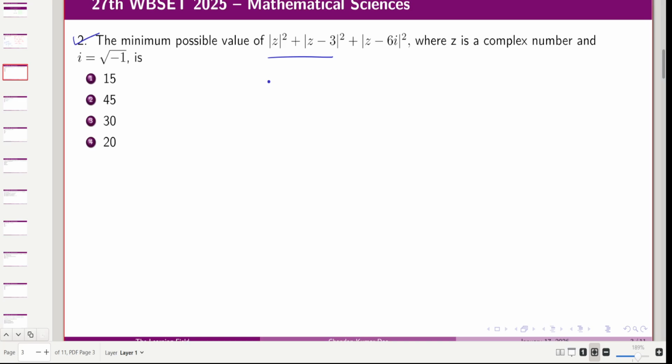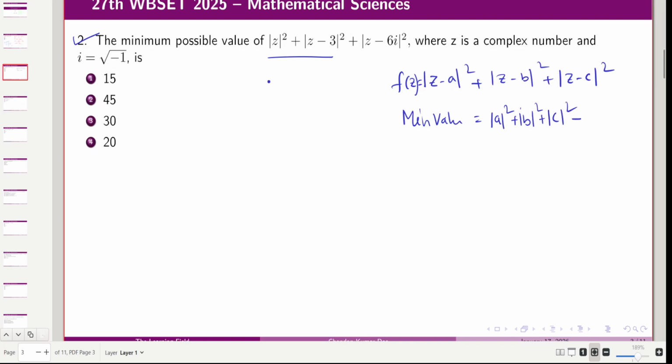We know that for the function mod of z minus a whole square plus mod of z minus b whole square plus mod of z minus c whole square, if f(z) equal to this, then the minimum value is mod a square plus mod b square plus mod c square minus, here the number of variables is 3, into mod of a plus b plus c by 3 whole square. So this is our formula to calculate this question.